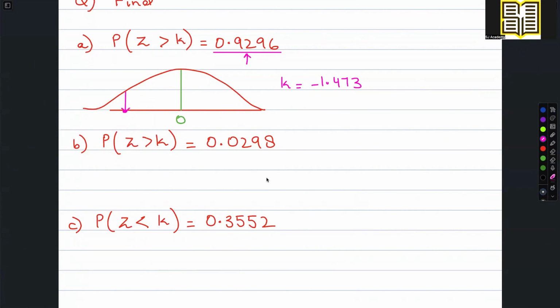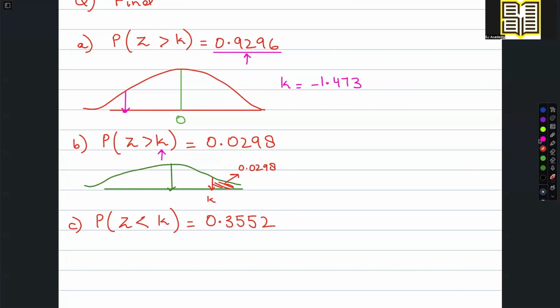In part B, we have to find the probability of z greater than k, and the probability is given as 0.0298. And again, making the graph first. Greater than k would mean the probability towards the right. So in this case, as it is towards the right and this probability is less than 0.5, we know that k must lie somewhere over here, as this probability is given as 0.0298.